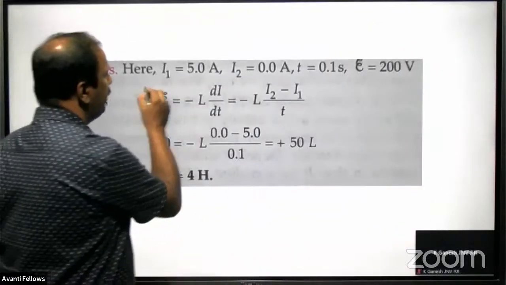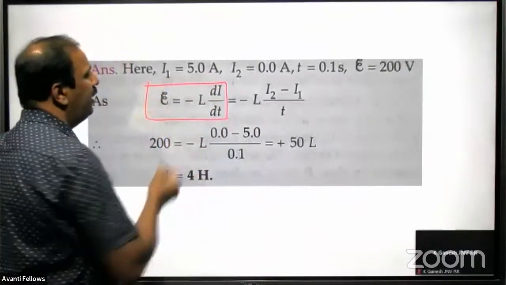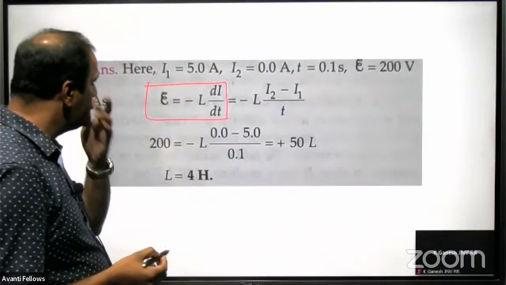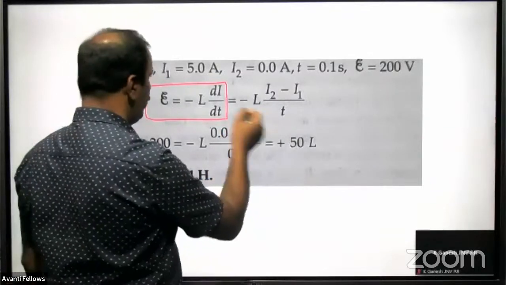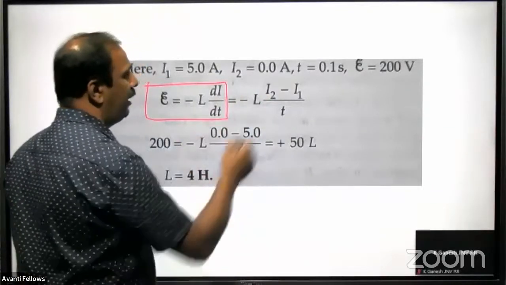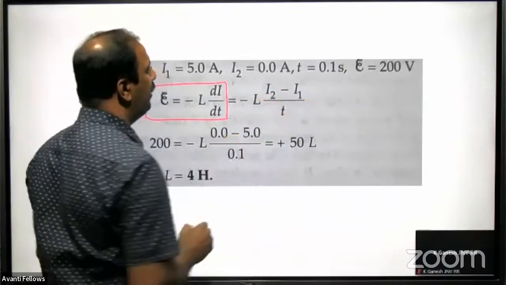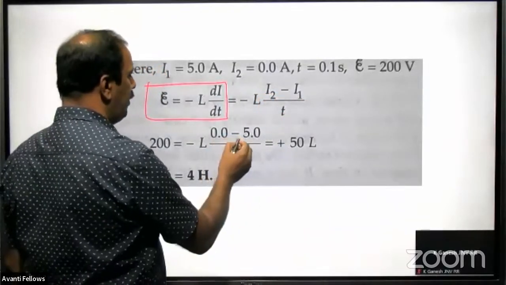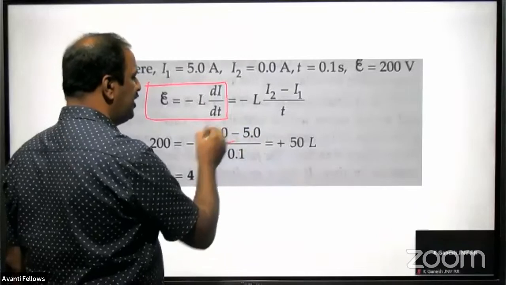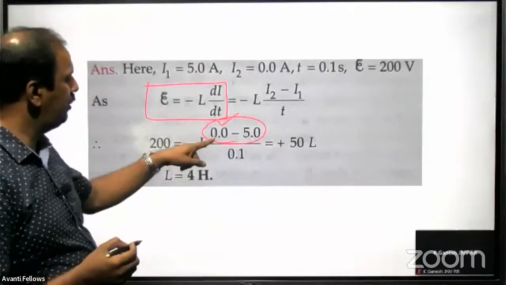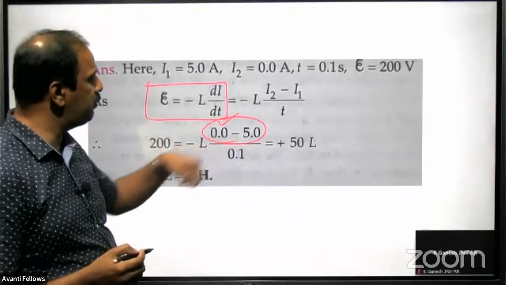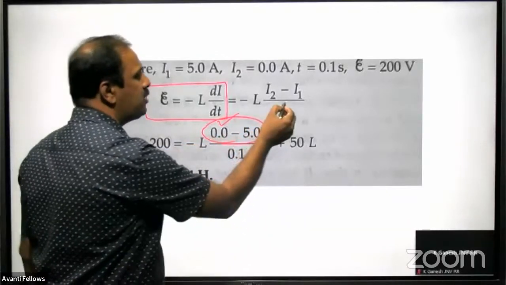This is the equation. EMF induced is minus L di by dt. So what is L here? L we have to calculate. I2 minus I1 is the change. Finally I2 is 0, initially it was 5, and t was 0.1 second.